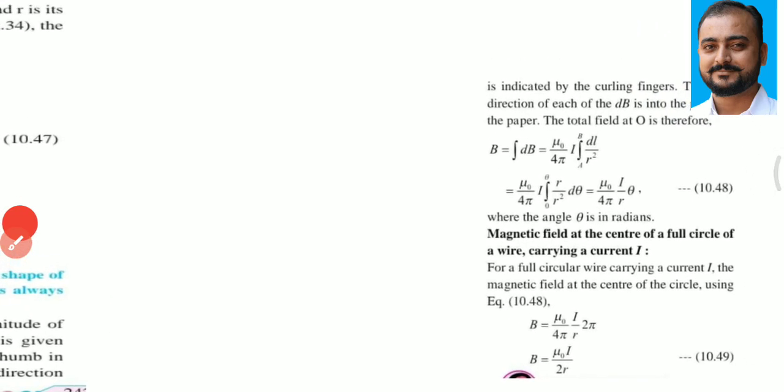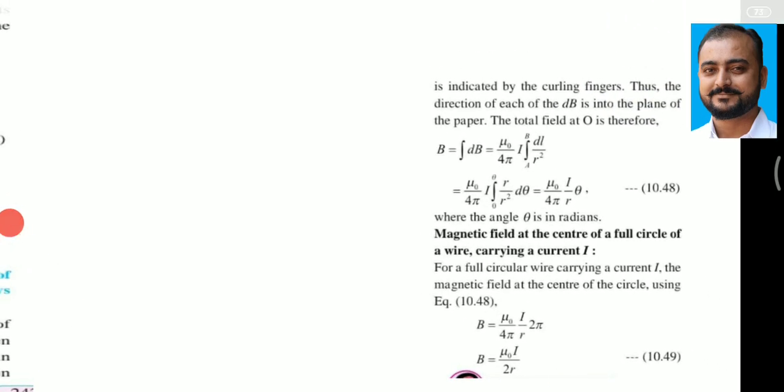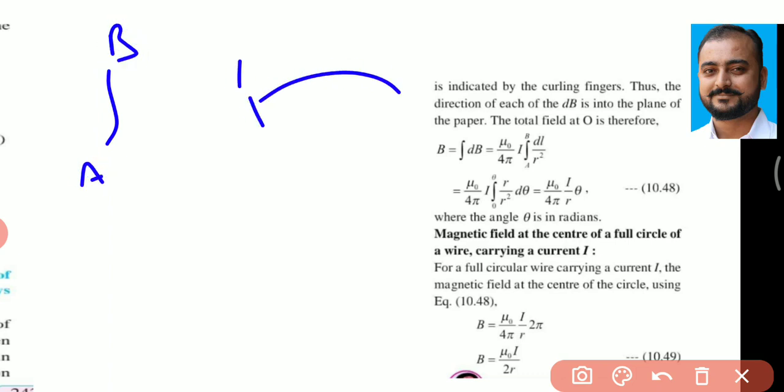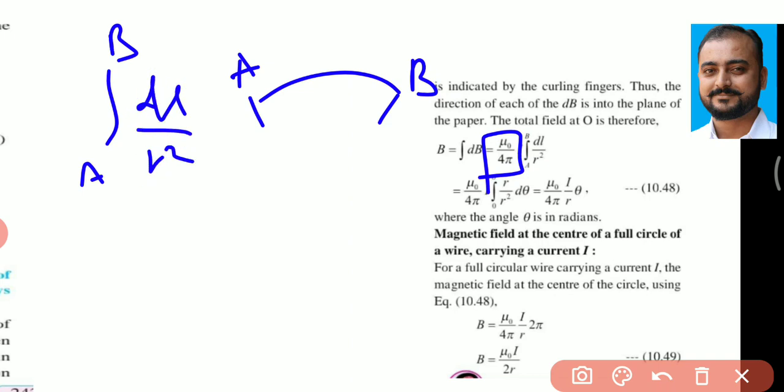The magnetic field produced at this point simply looks like this: integral from A to B, where the limit from end A to end B is the limit of the given arc. These remaining quantities are as they are, so integral of dl divided by r square.